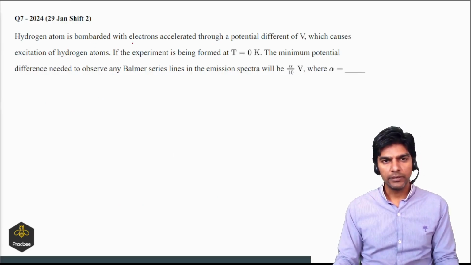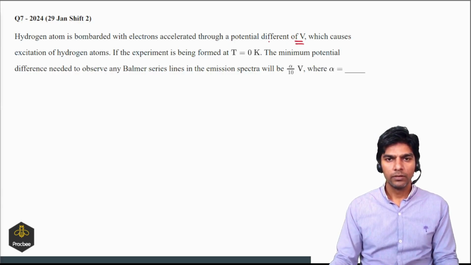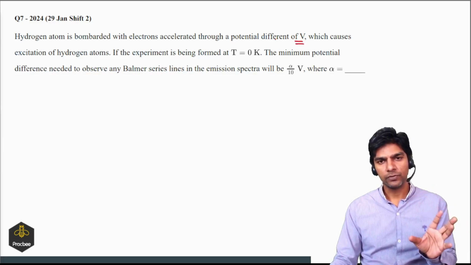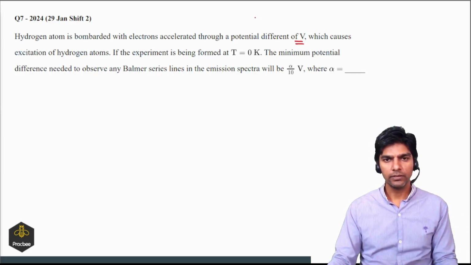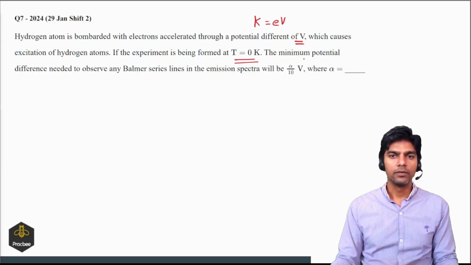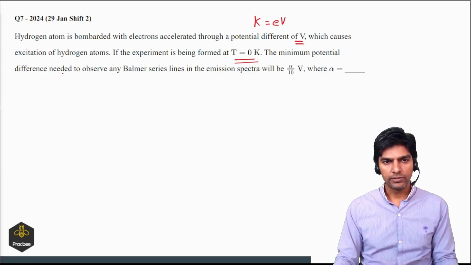A hydrogen atom is bombarded with electrons accelerated through a potential of V. So the kinetic energy acquired by the electron will be eV, which causes excitation of the hydrogen atom. If the experiment is performed at T equals 0 Kelvin, what is the minimum potential difference needed to observe any Balmer series line in the emission spectra?